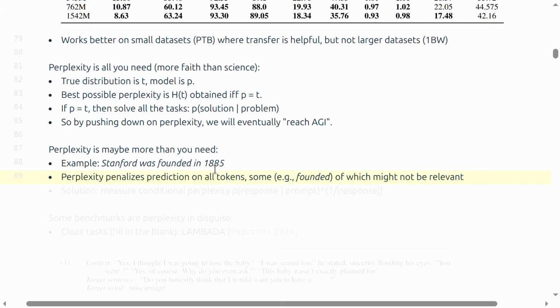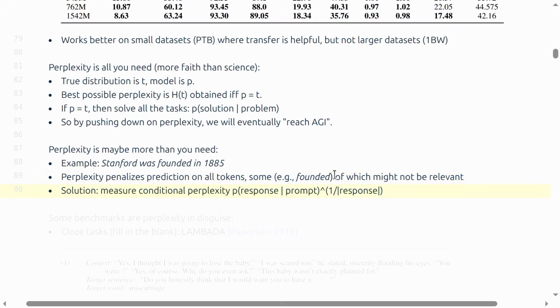But other ones, for example, the first word of a sentence, or even "founded," maybe not that interesting, I think. And perplexity doesn't care. It's going to charge you bits for every bit of deviation from the true distribution.